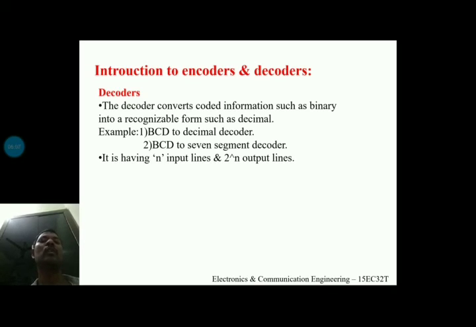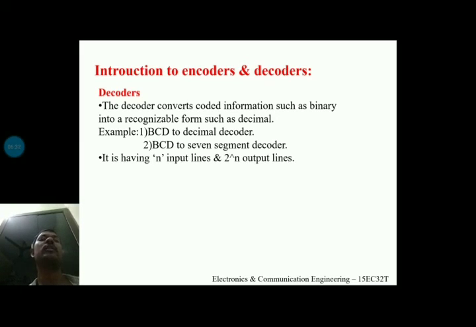That is nothing but a decoder. Examples of decoders are BCD to decimal decoder and BCD to 7-segment decoder. Decoders have n input lines and 2^n output lines.